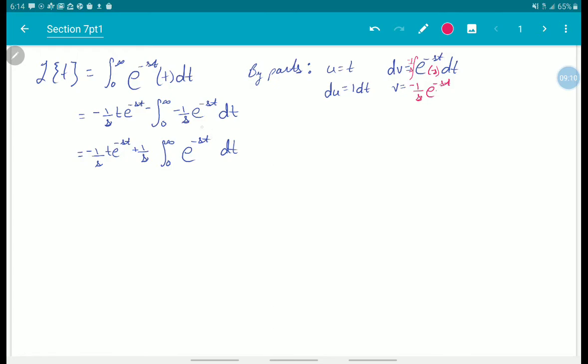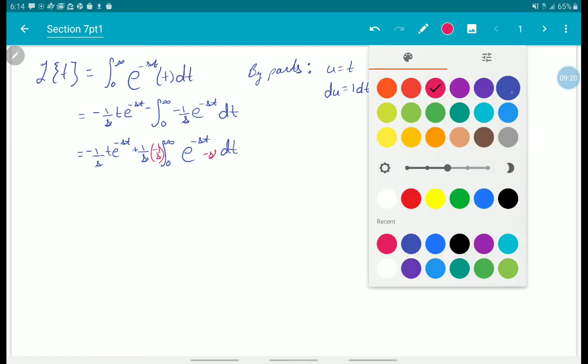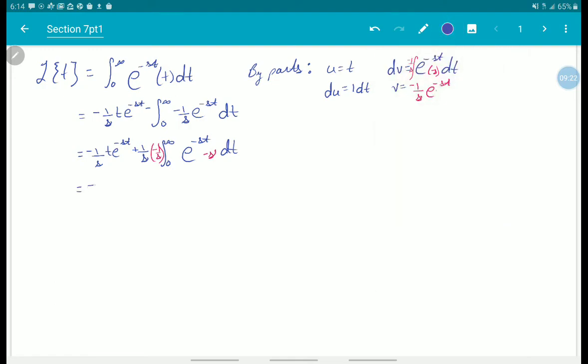Our u is negative st. du would be negative s dt. Compensate with a -1 over s out here. So we're going to have -1 over s t e to the negative st minus 1 over s squared e to the negative st, and we want to evaluate from 0 to infinity.